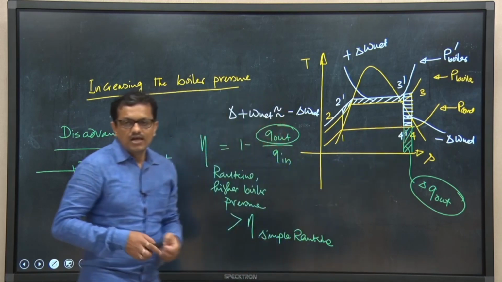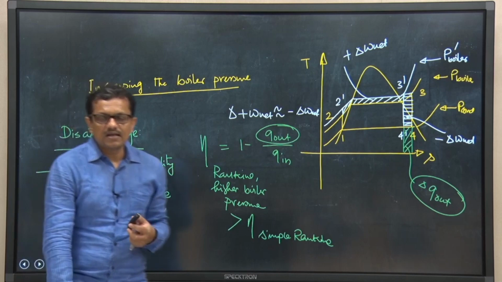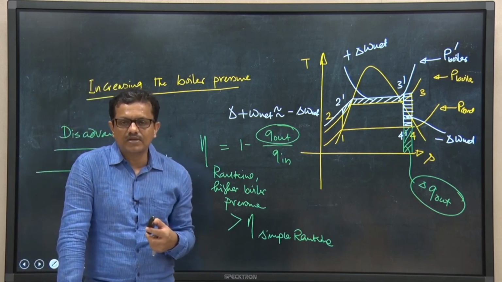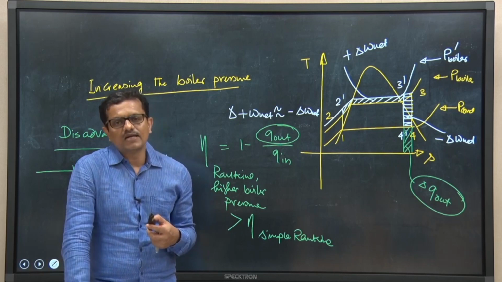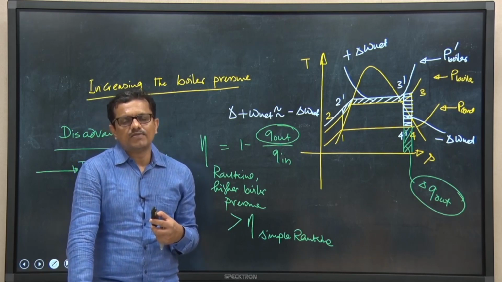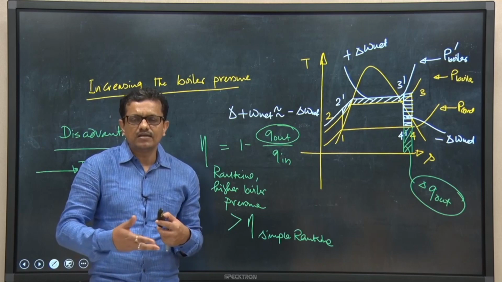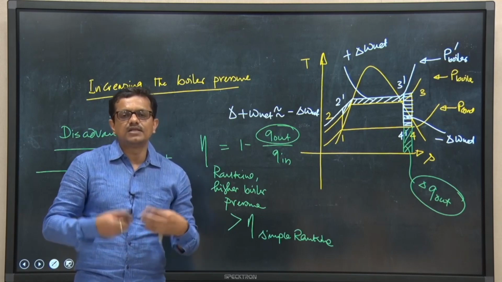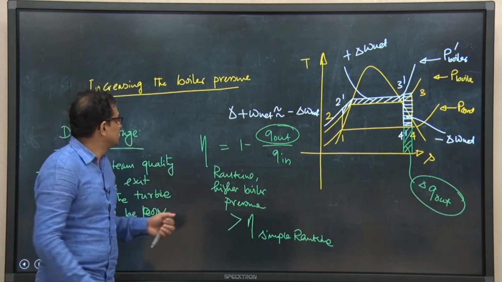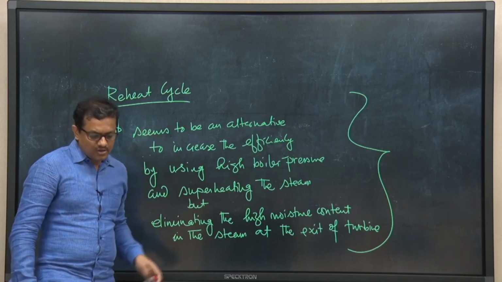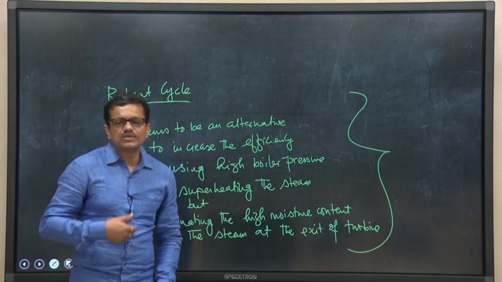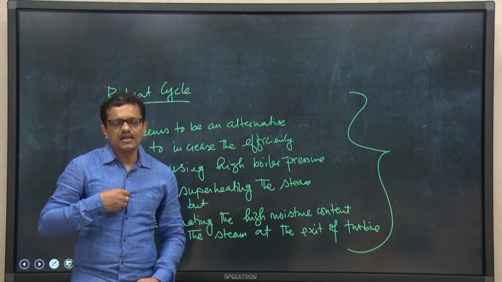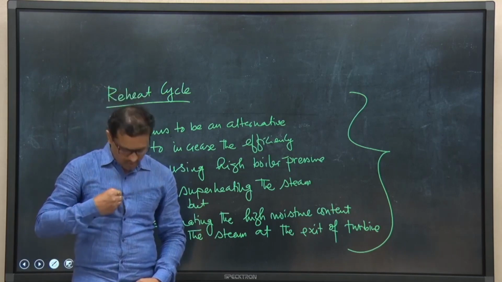So, the idea is to use high boiler pressure so that the degree of superheat can be reduced. Still we need to go for superheating, so that moisture content at the exit of the turbine can be reduced. If we can do it, we can increase the efficiency of the cycle, and that is the reheat cycle. With this I stop here today, and in the next class we shall discuss the reheat cycle and go for its analysis. Thank you.